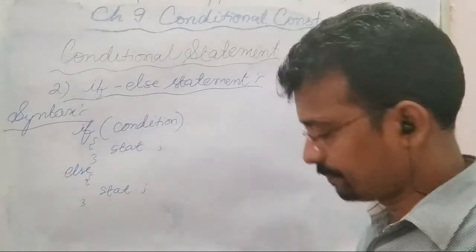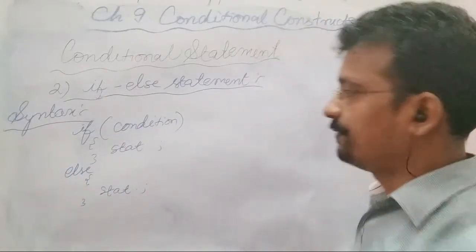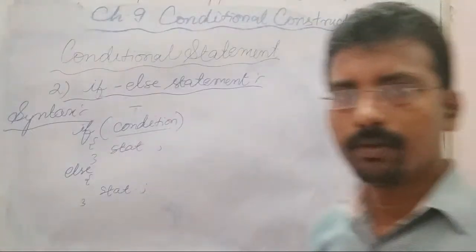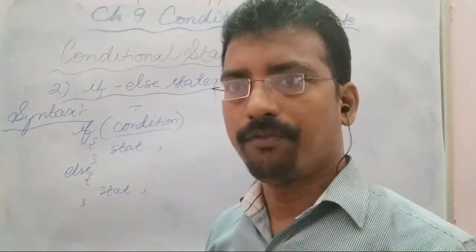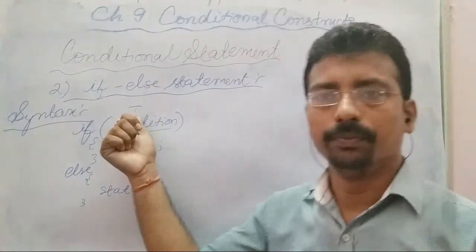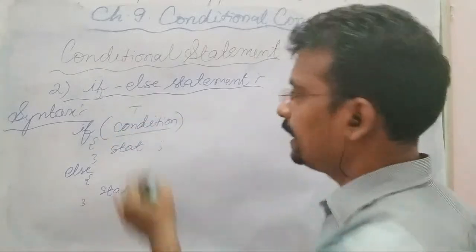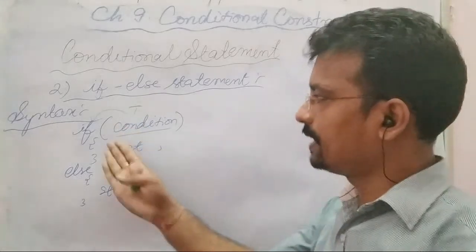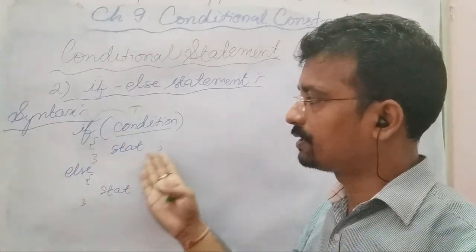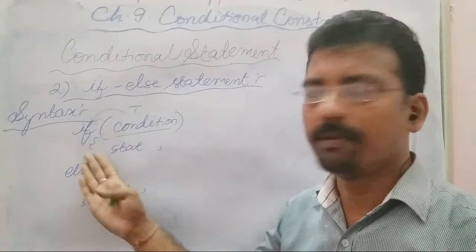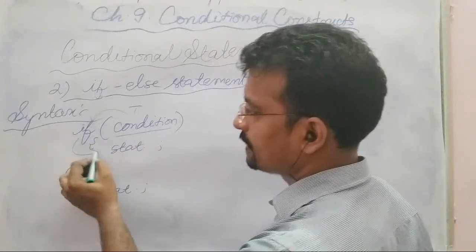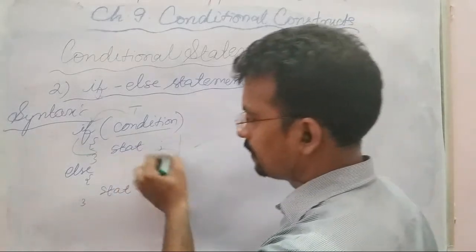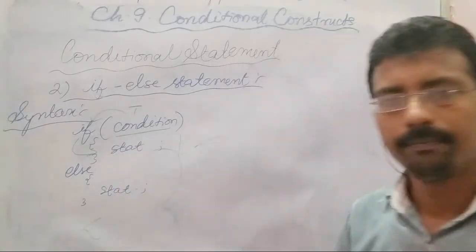Now let's explain this. If you have given a condition and the condition gets true, true goes to if. If says I have a statement or set of statements for you. So control moves inside and executes all the statements one by one, and from here it terminates the program.